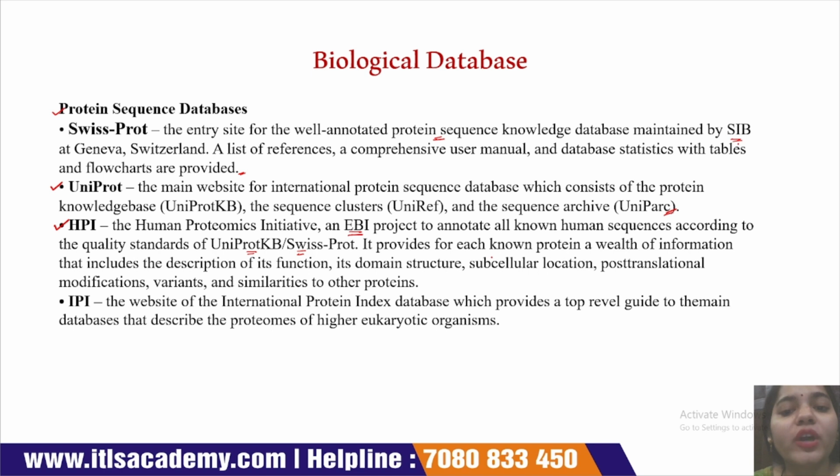It provides for each known protein a wealth of information that includes the description of its function, its domain structure, subcellular location, post-translational modification, variation, and similarities to other proteins.